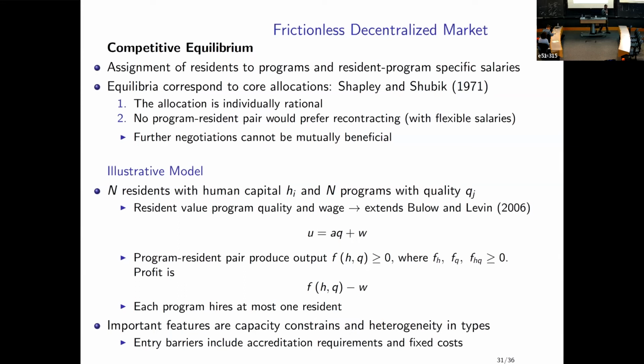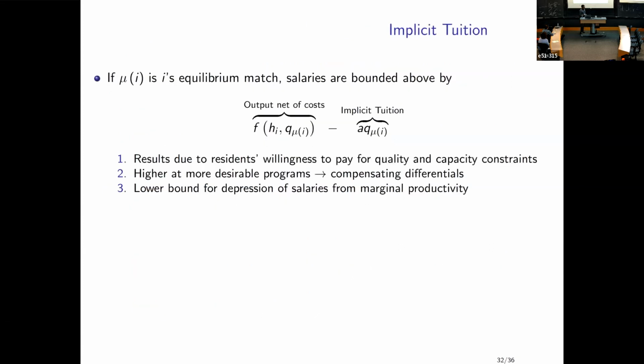But each program can only hire one resident. Now, what happens is that because of this A of Q term, you're not going to get salaries equal to F. So we can, in fact, bound the salaries without knowing F. Let F be the output net of costs, and let A of Q be the implicit tuition, which is the value of training.